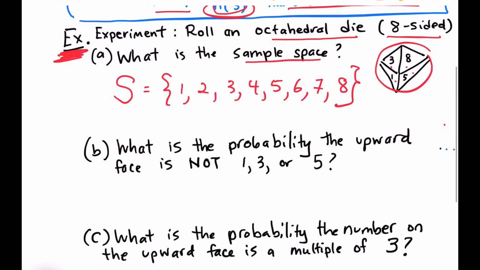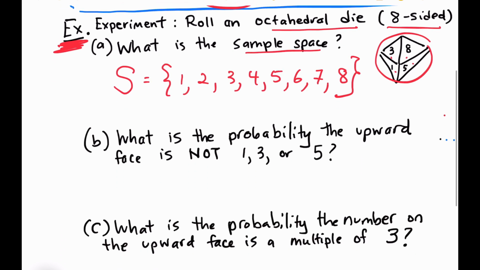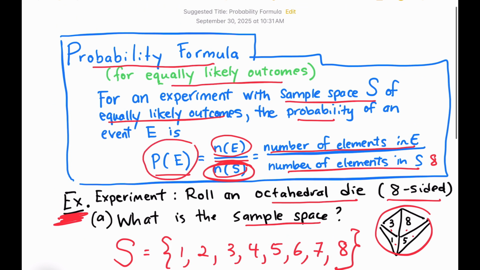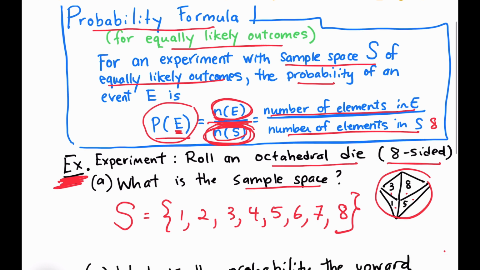So let's move to the next question. The next question is, what is the probability that the upward face is not 1, 3, or 5? So remember, we've got our formula up here. The probability that it's not 1, 3, or 5 is going to be the number of elements in whatever this event is divided by the number of elements in the sample space.